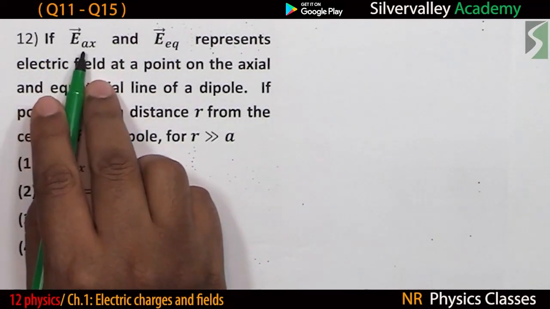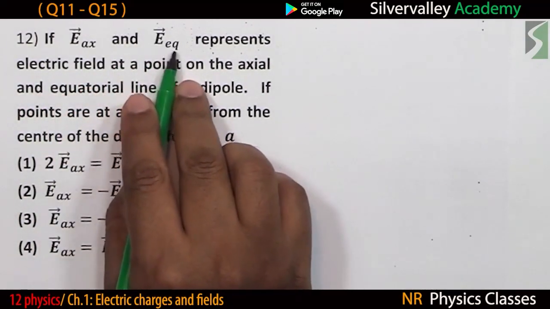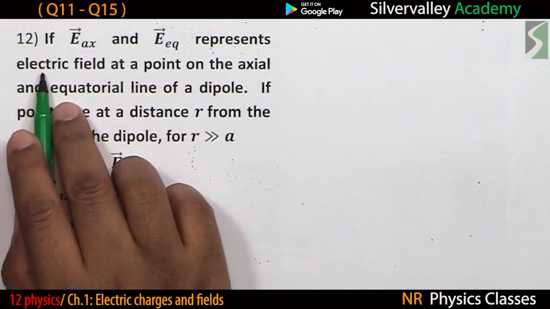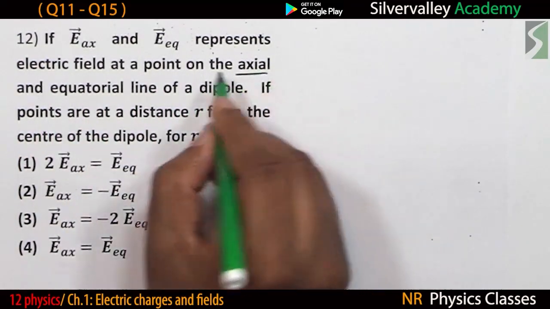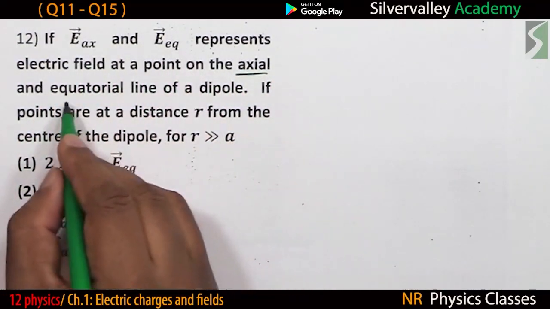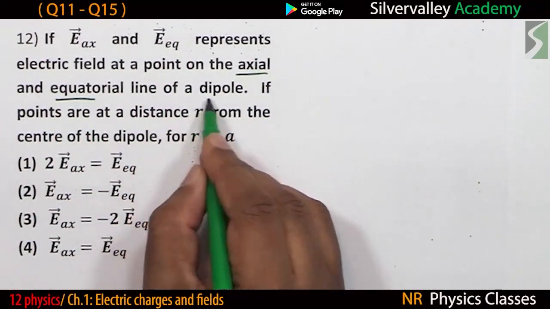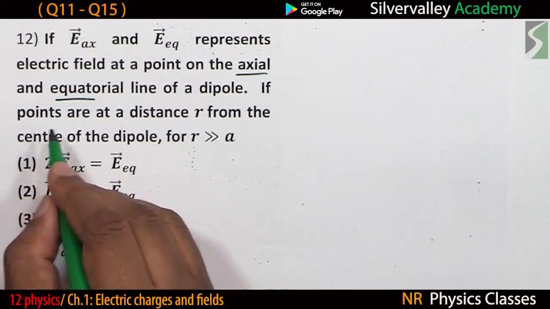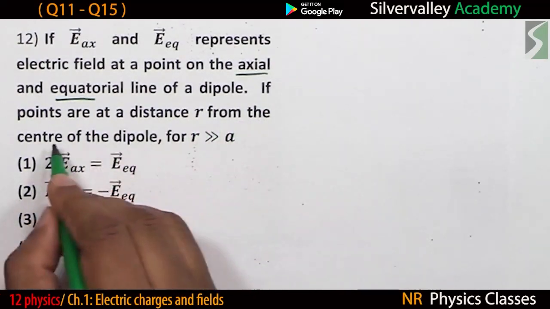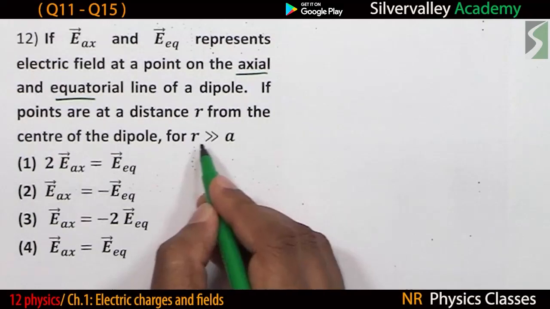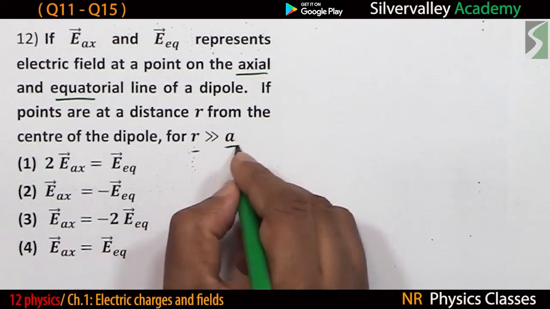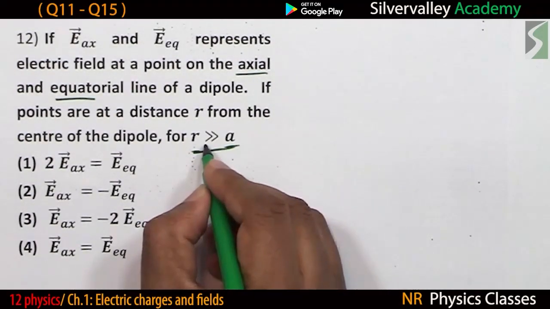If EAX and EEQ represent the electric field at a point on the axial and equatorial line of a dipole, if points are at a distance r from the center of the dipole, for r very much greater than a. So this says that it is a short dipole.